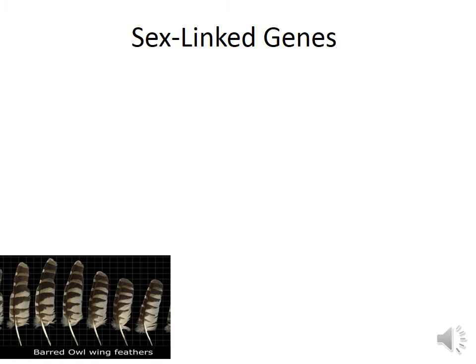Yung non-barred naman, yun yung pure na gray or black. Now for humans, we use the XY system. Now for birds, iba naman sa kanila. ZW ang ginagamit. So for genotypes, for female, ZW. For male, it is ZZ.